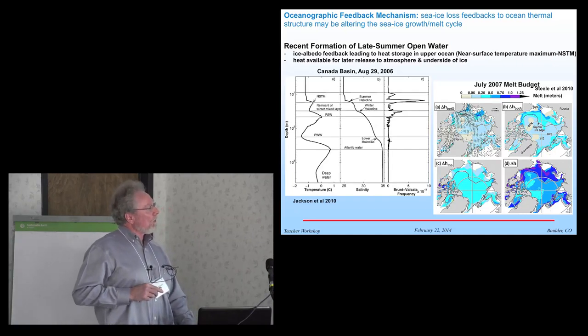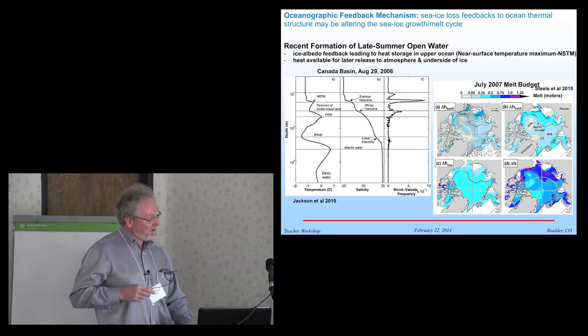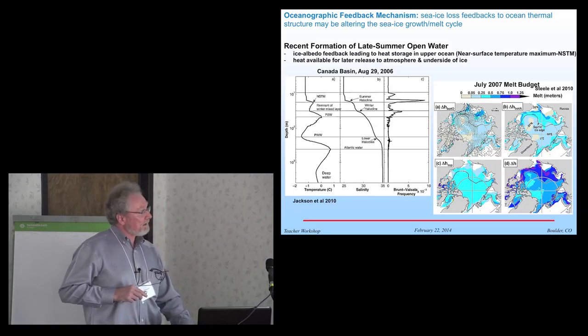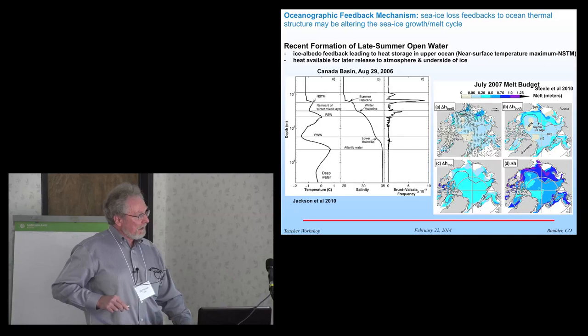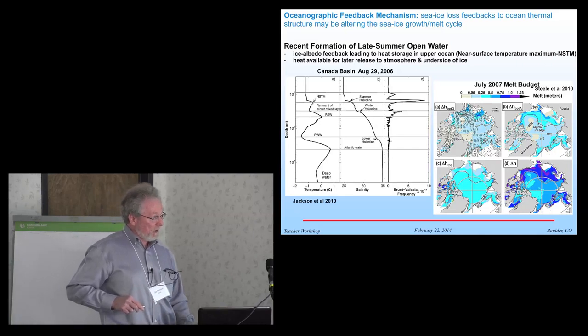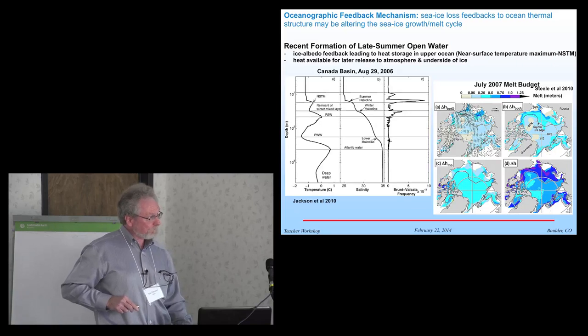One of the feedback processes that oceanographers have pointed to recently is the formation of a near-surface temperature maximum at about 20 meters, typically in the Beaufort-Chukchi Sea regions, where the ice is either gone or very thin.